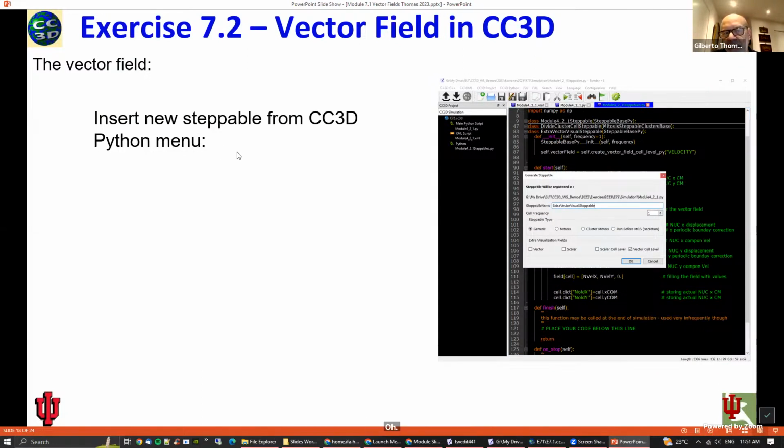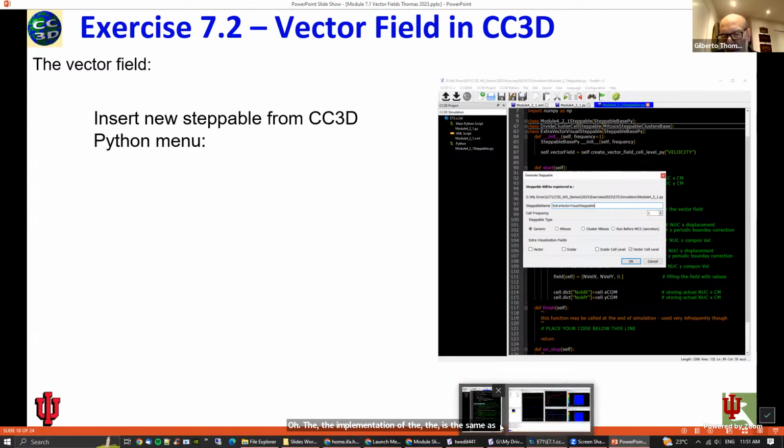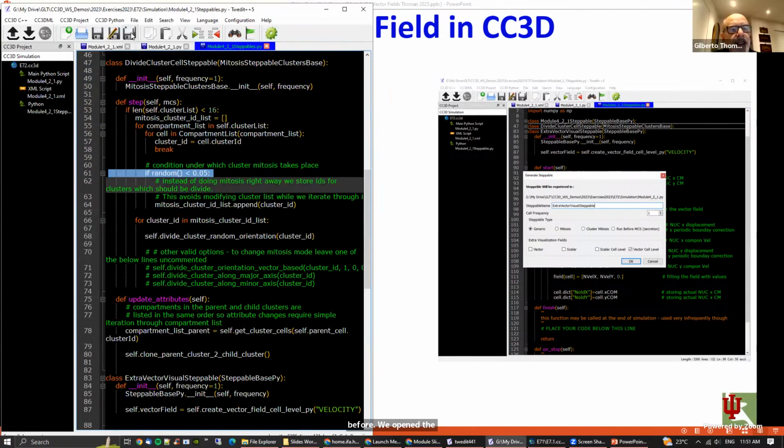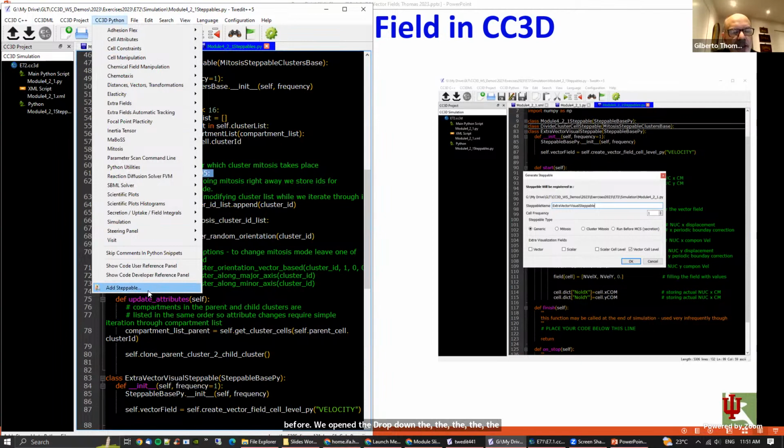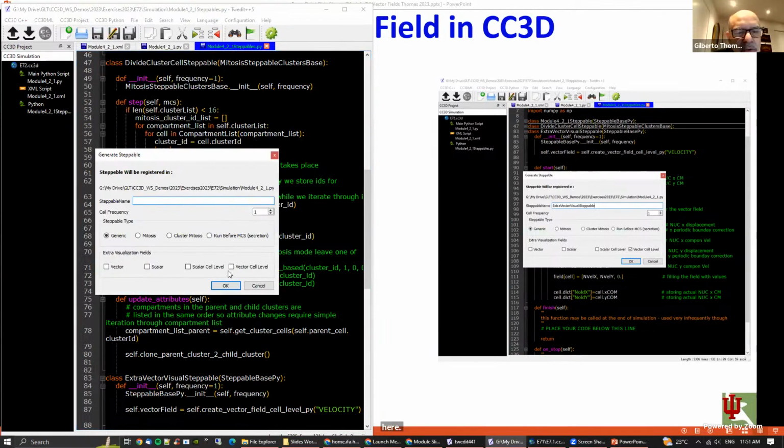The implementation of the steppable is the same as before. We open the CompuCell drop-down menu, add steppable, and now instead of choosing the scalar field, I choose a vector field, and then give it a name.